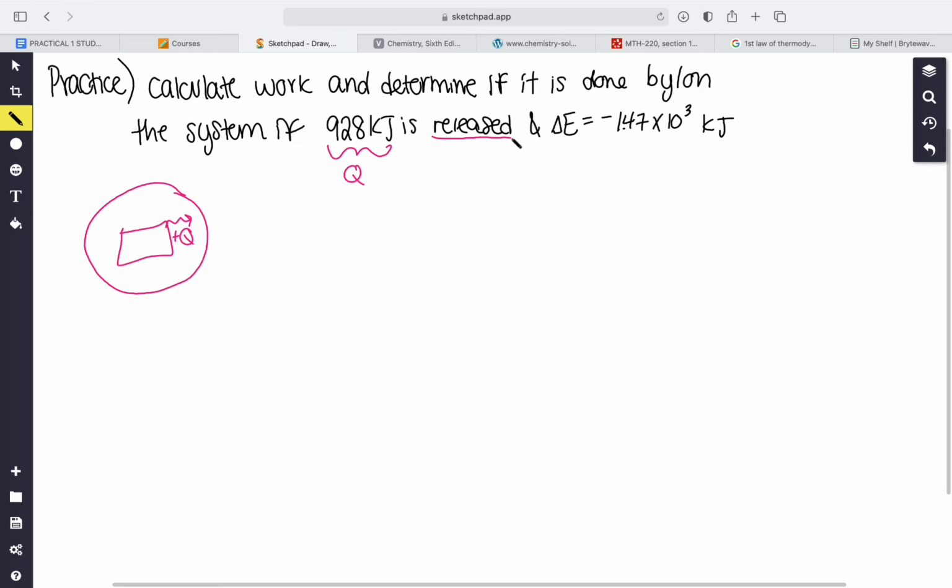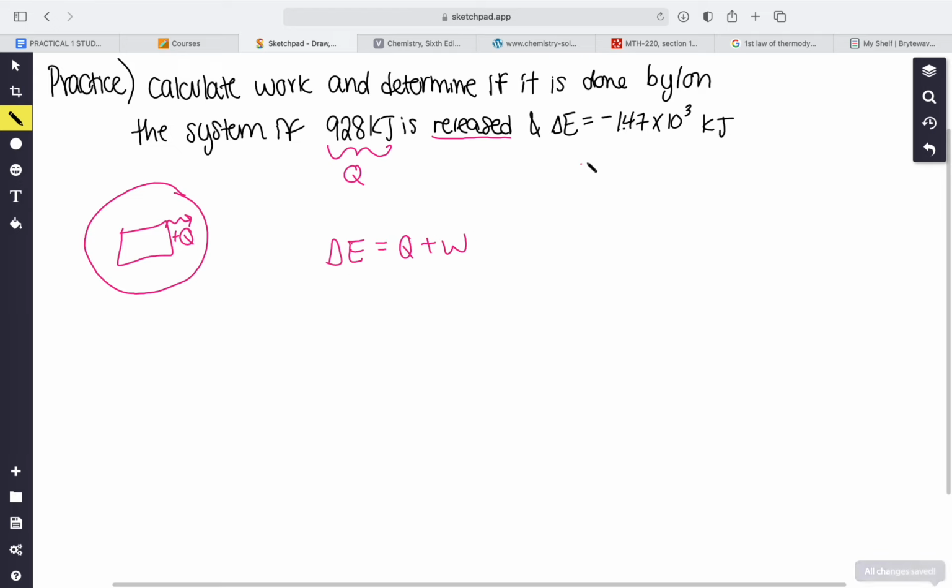So if we see the words released or added, it's going to be Q. And also we can just do process of elimination, right? So we have E, cool, we don't have to worry about E anymore. And it's asking for work, so this has to be Q. So let's get to doing our problems, because this is in kilojoules and that is in kilojoules, so we don't have to do any conversions there.